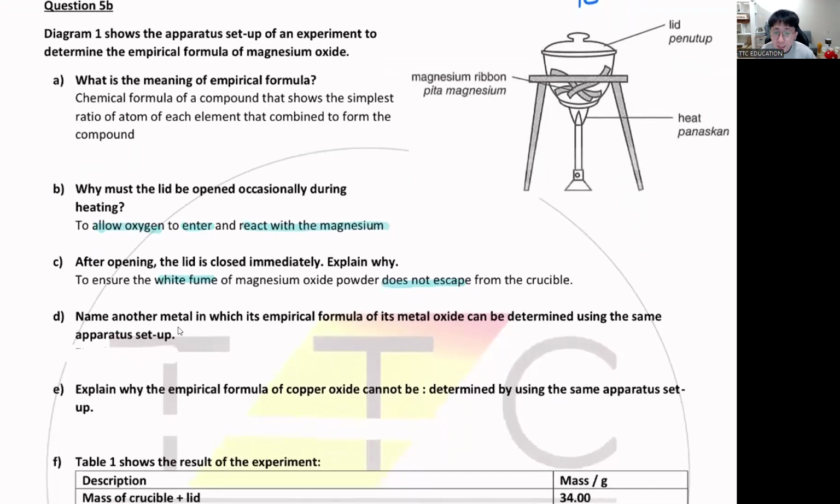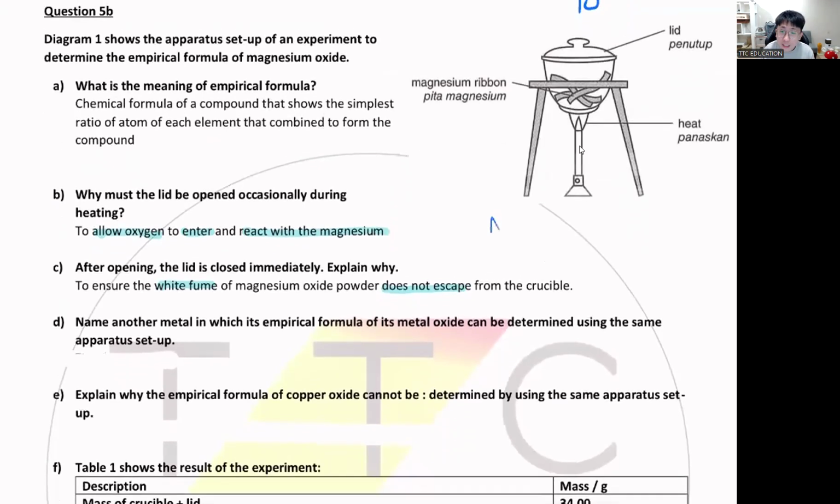Okay. Name another metal whose empirical formula of its metal oxide can be determined using the same setup. So guys, what's the theory here? This setup is magnesium direct heating with oxygen becoming MgO. This works because magnesium is a reactive metal. If you do this to copper, can, but very slow.